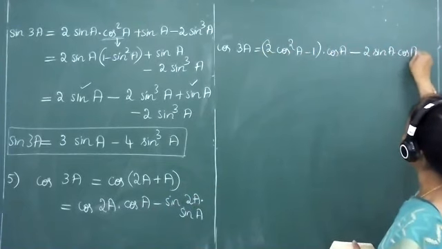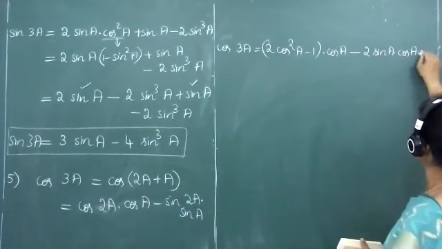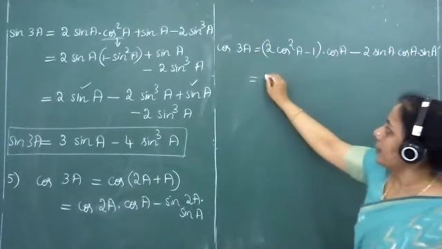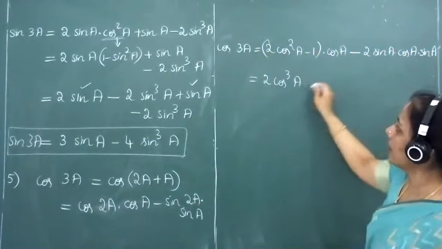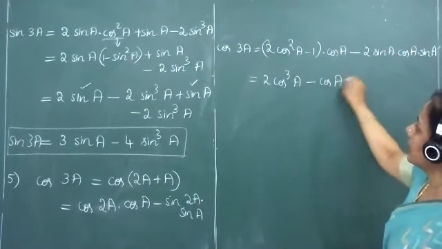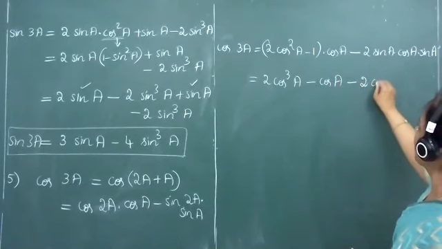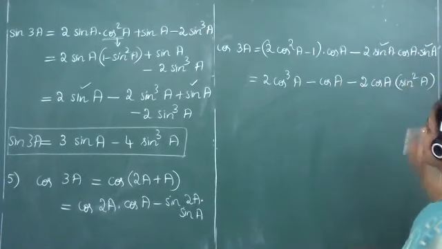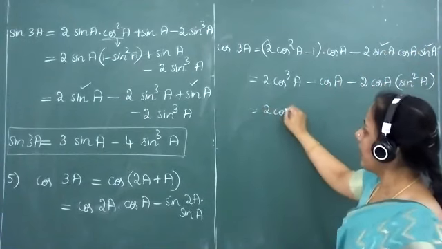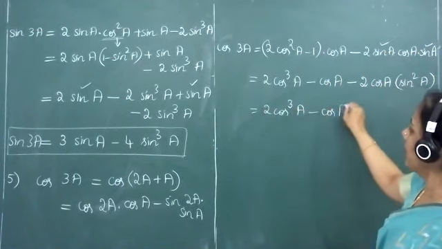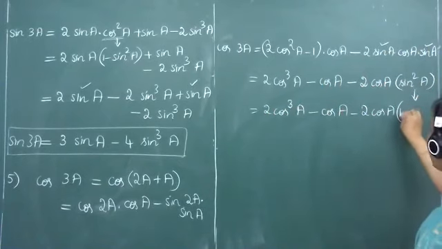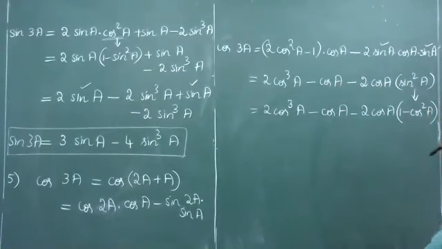We will take it as 2 sin A into cos A multiplied with the last factor which is sin A. So now I have 2 cos squared A into cos A simplified as 2 cos cube A, minus 1 into cos A remains to be cos A, minus 2 cos A multiplied with sin A into sin A will become sin squared A. 2 cos cube A, keep it as it is, minus cos A, minus 2 cos A multiplied with sin squared A needs to be rewritten in terms of cos squared using the first trigonometric identity as we have done in earlier cases.